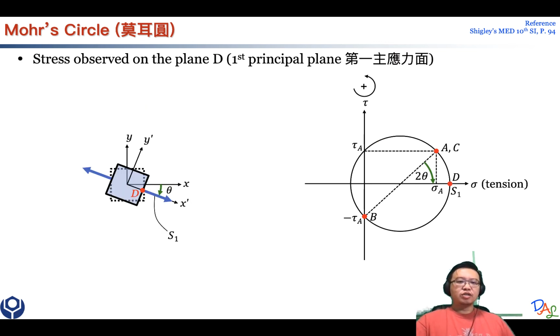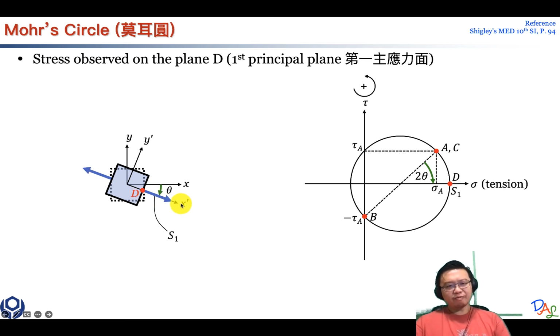Now we are very interested in where we have the largest normal stress. Because of this circle, you can see there is a point which has the largest normal stress, and at this point there's no shearing stress. In the right-hand side figure, it's rotating, let's say, 2 theta angle. If you rotate by 2 theta here, then in the force diagram you are actually rotating by half of this angle, theta.